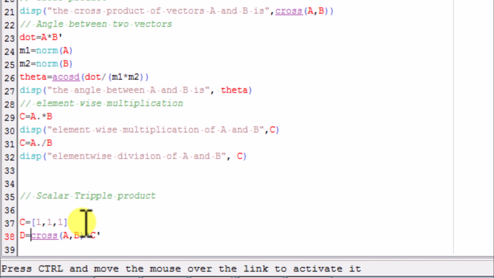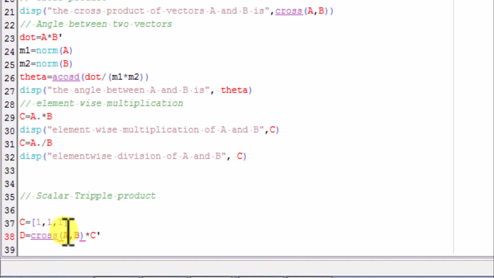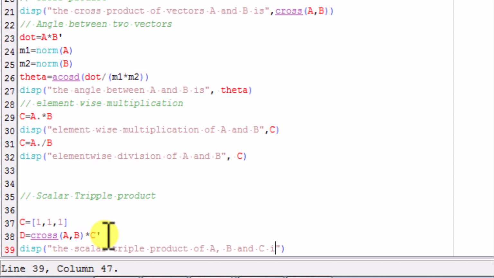So the same thing we are doing here. We have calculated the cross product between a and b, then taken the dot product with the vector c and stored it in d. Scalar triple product of a, b, and c is d.